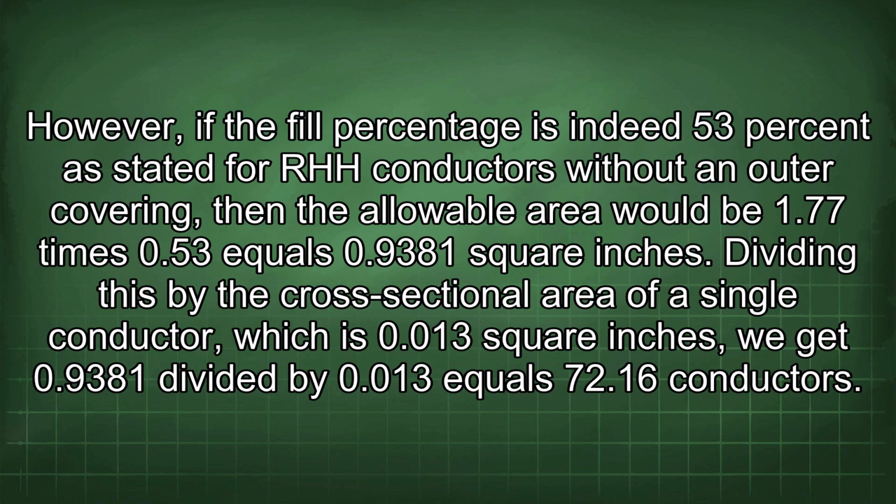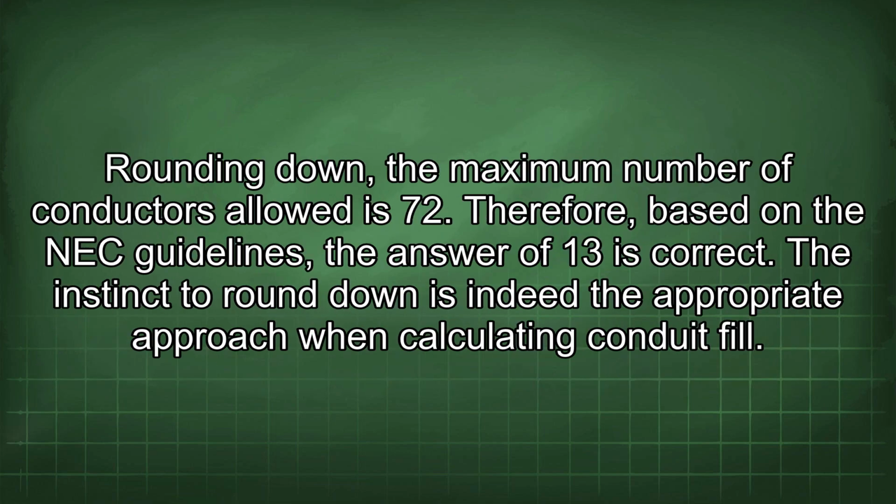Dividing this by the cross-sectional area of a single conductor, which is 0.13 square inches, we get 0.9381 divided by 0.13 equals 72.16 conductors. Rounding down, the maximum number of conductors allowed is 72. Therefore, based on the NEC guidelines, the answer of 13 is correct. The instinct to round down is indeed the appropriate approach when calculating conduit fill.